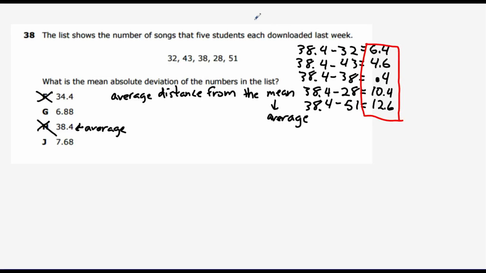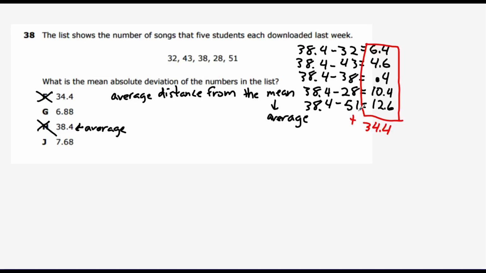Let's see what we get. So 6.4 plus 4.6 plus 0.4 plus 10.4 plus 12.6. Oh, 34. Okay. So that's where this came from. When we add these 5 numbers up, we get 34.4.